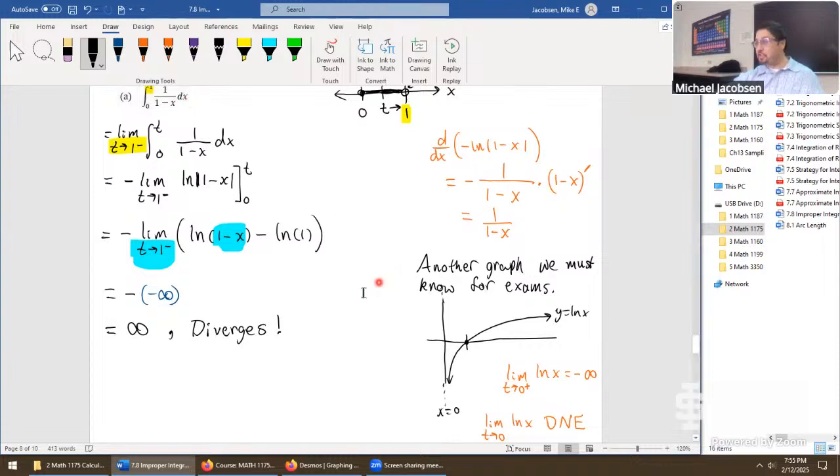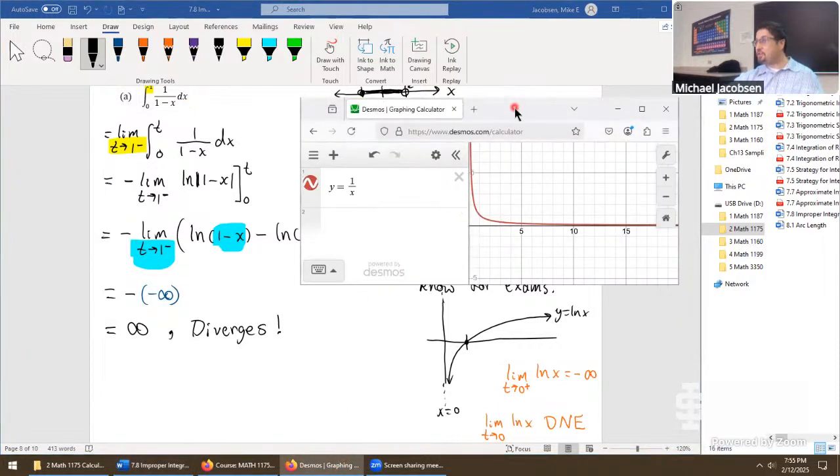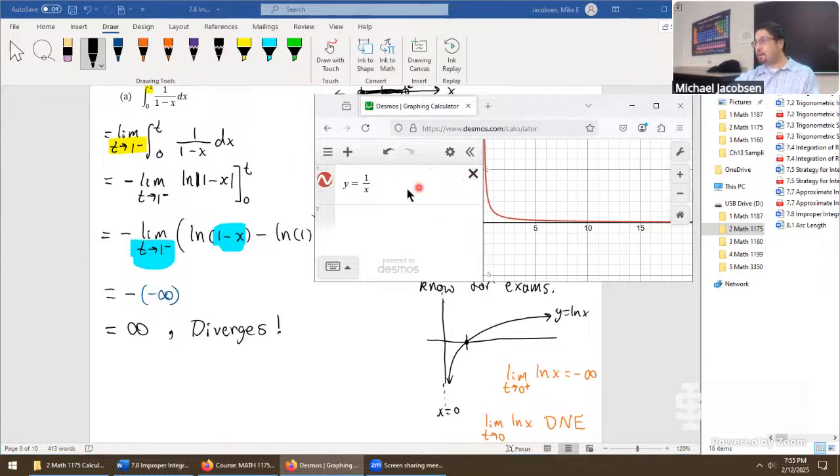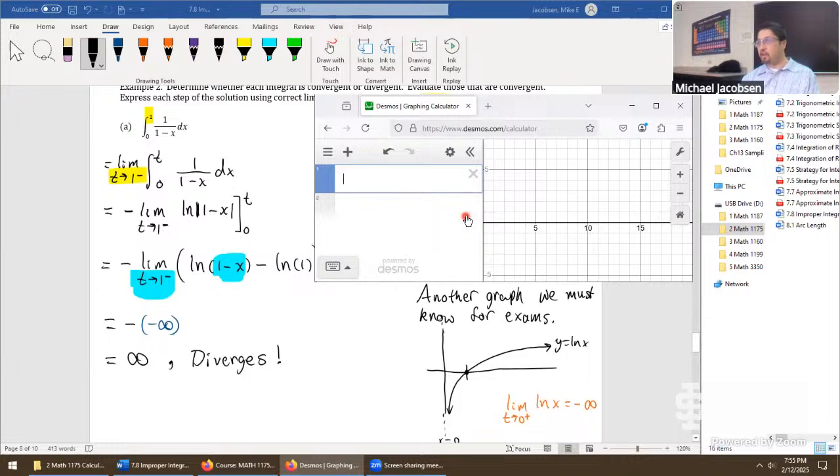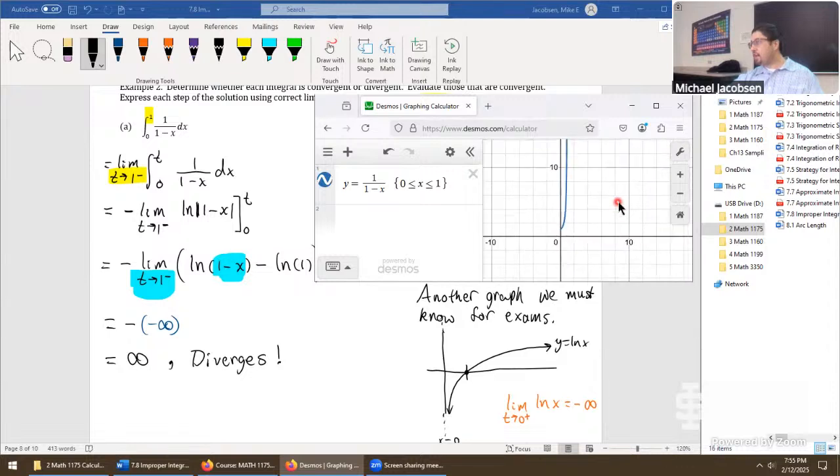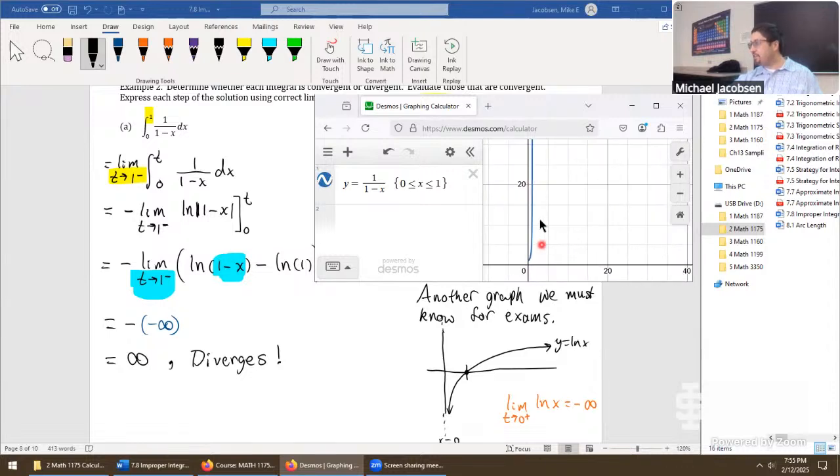I think we'll have some convergence on these, but for the divergence of this one, let's see if we can see it just by putting out a graph. We're integrating from 0 to 1, so we'll go y equals 1 over 1 minus x, 0 less than or equal to x, less than or equal to 1. This is our whole graph that we were considering. That's kind of an odd graph. It goes up quite aggressively.